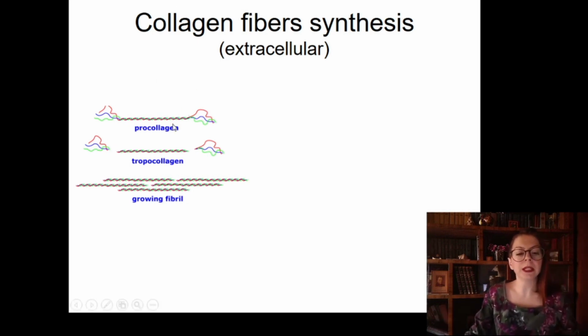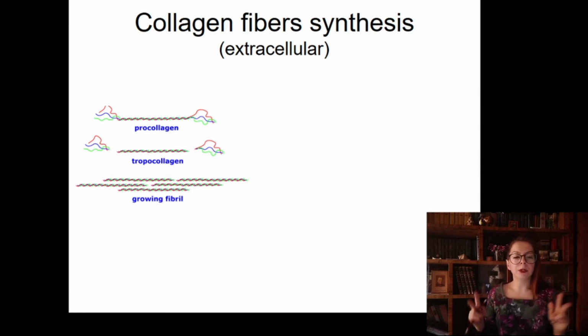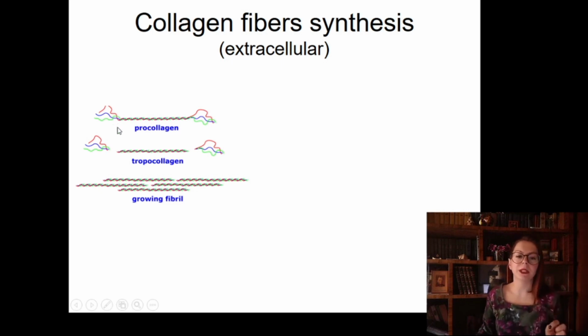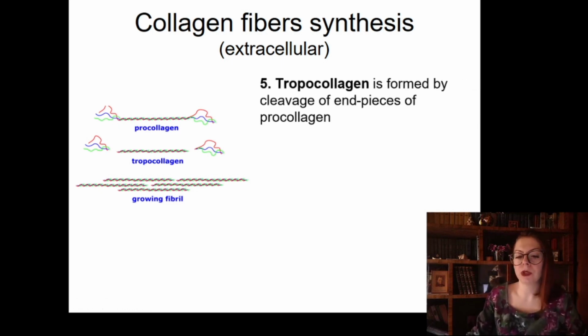So being exocytosed, the procollagen molecule undergoes cleavage of its end pieces. The end tails are cut with the help of special peptidases outside the cell. So tropocollagen is formed in this way. As you can see, the difference between tropocollagen and procollagen is the absence of those end pieces.